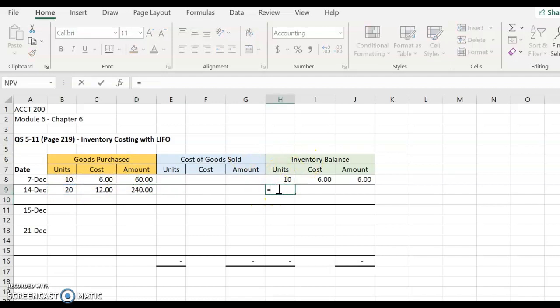Our inventory is then the 10 at 6, and our 20 at 12. Extending.